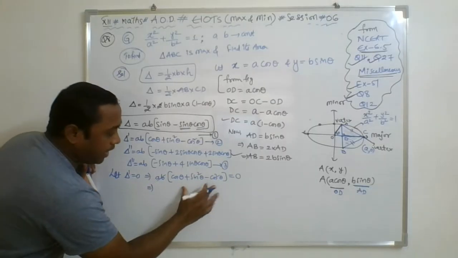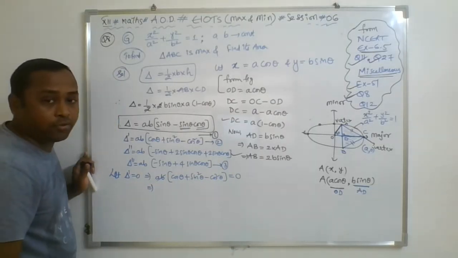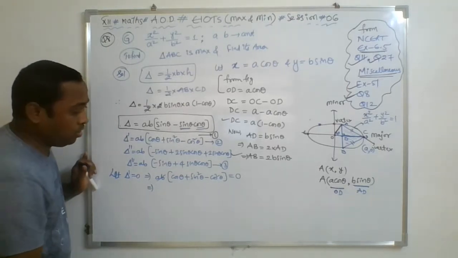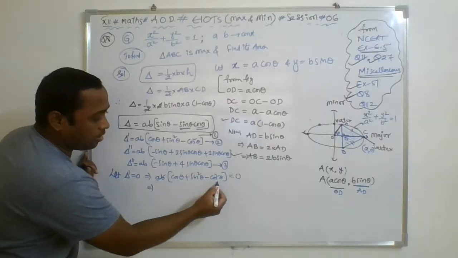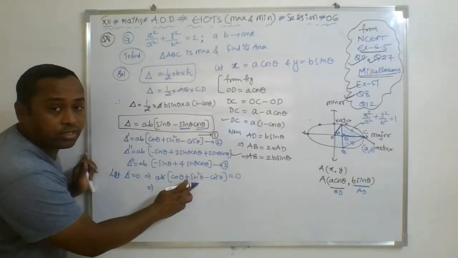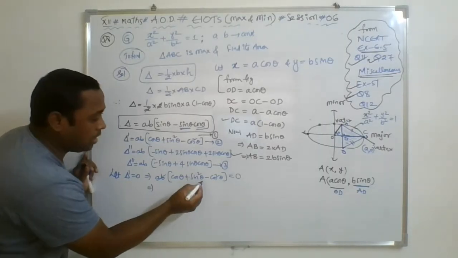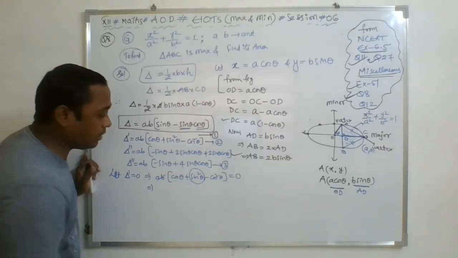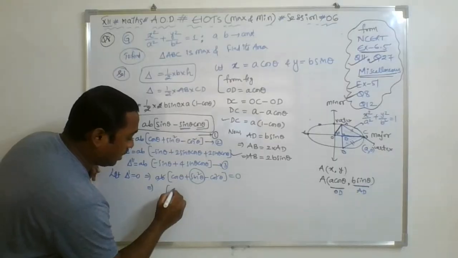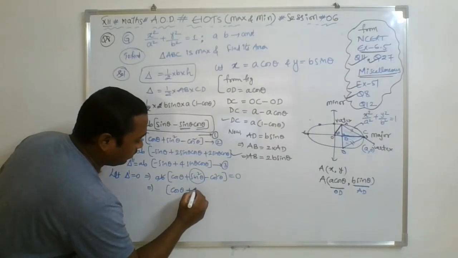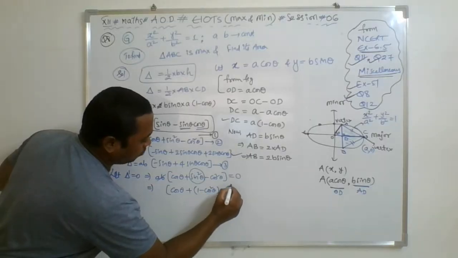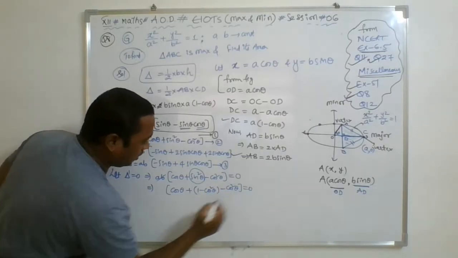And to solve any trigonometric equation, I have told you it must be in a single trigonometric ratio. We have cos over here, cos over here. We can convert this sin also in terms of cos by writing it as 1 minus cos square theta. If I do that, cos theta plus 1 minus cos square theta minus cos square theta equal to 0.